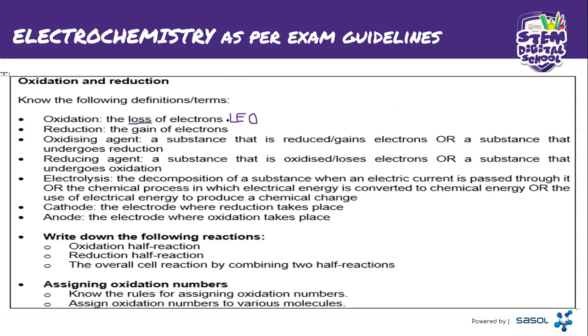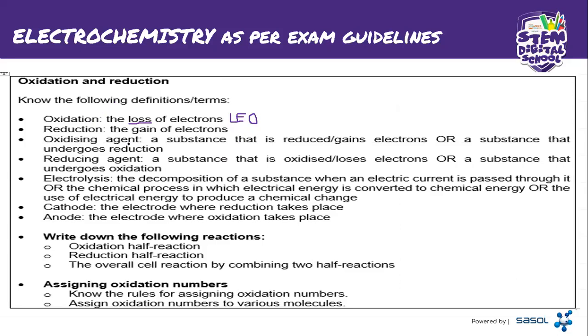And LEO simply tells us the loss of electrons is called oxidation. So just know what each letter represents there on that code, which is LEO. The loss of electrons is called oxidation.